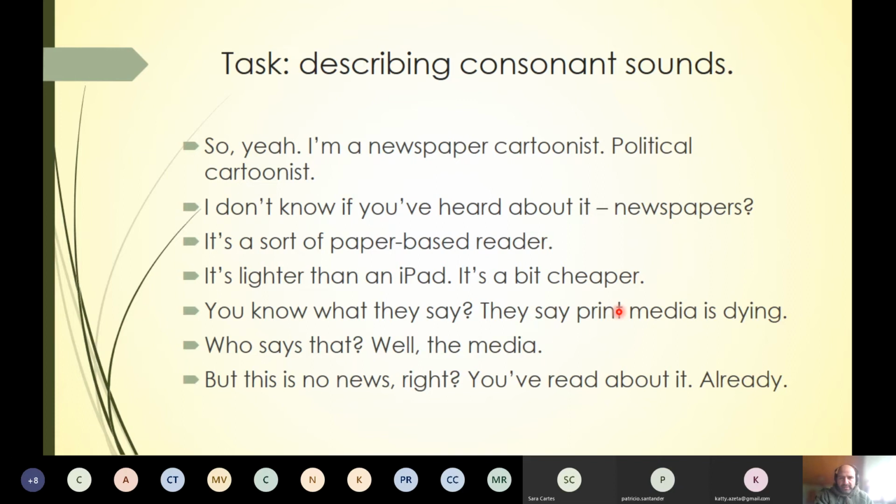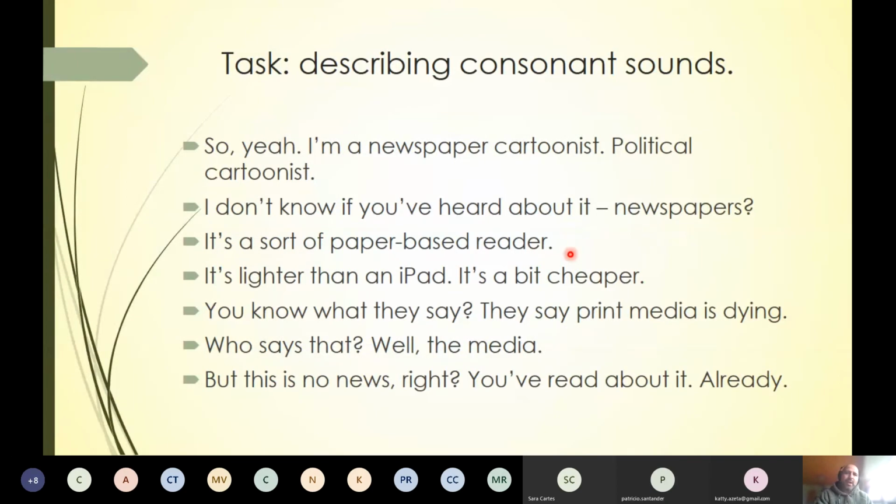And for example, an answer could be media. It's also nasal. Okay, so how many nasal sounds can you find here? So in newspaper, right? Again here, a tricky one because of the spelling. Don't, another one. Dying, another one, right?